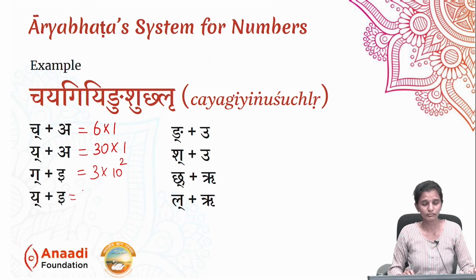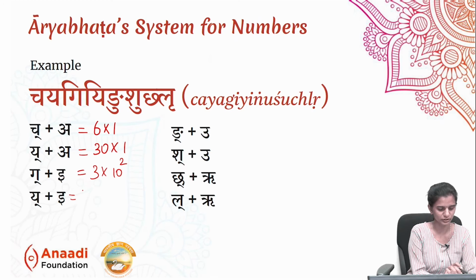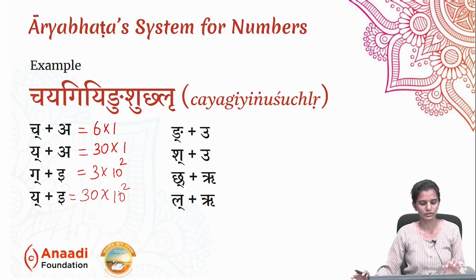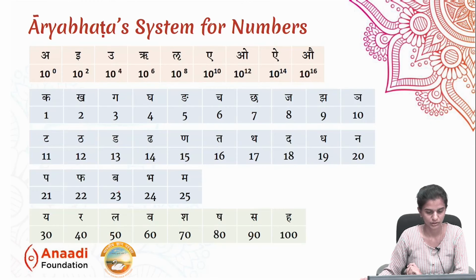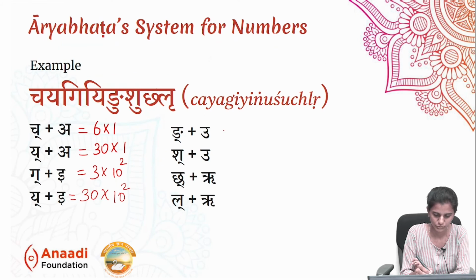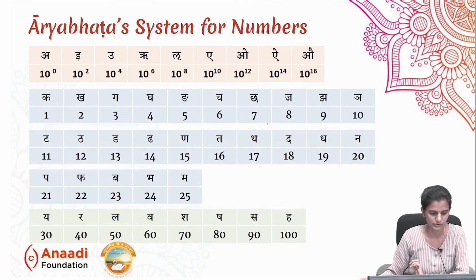We have I plus I. We already saw here the second letter is I. The value is 30 into, then I has the value 10 power 2. Then we have ing plus u. The value for ing is 5. So, we have 5 into the value for u, which is 10 power 4.